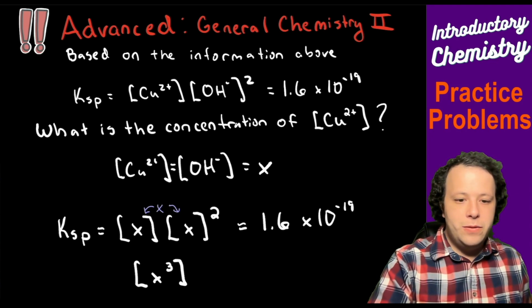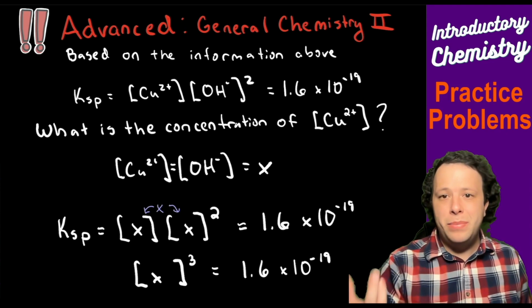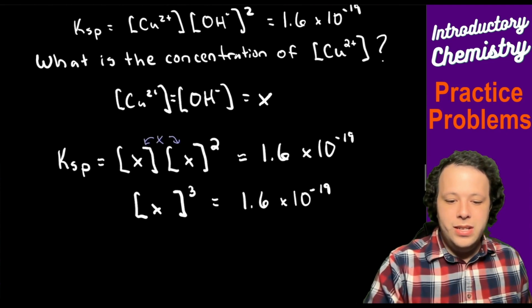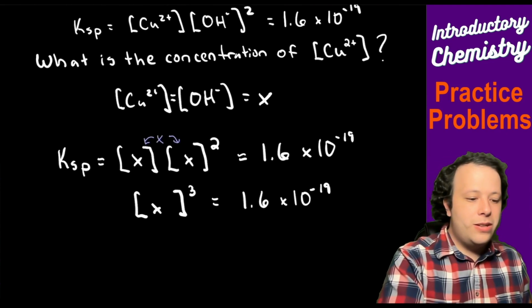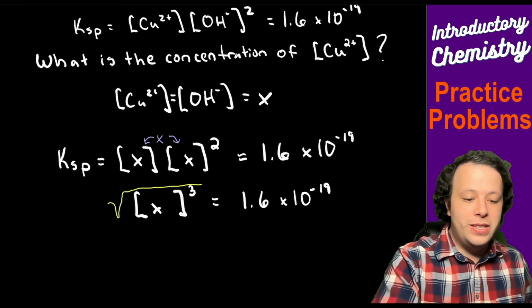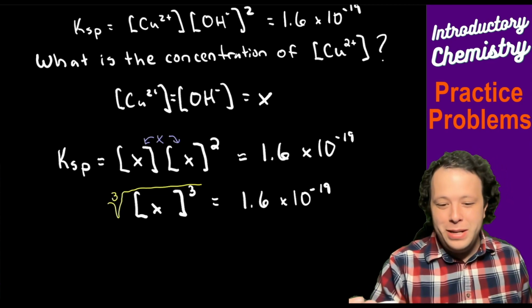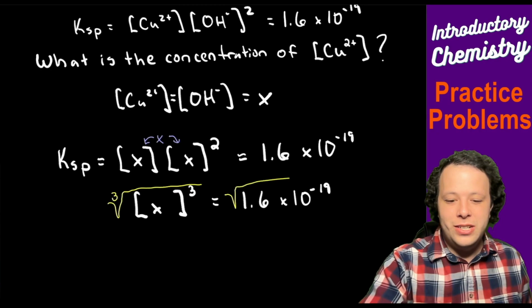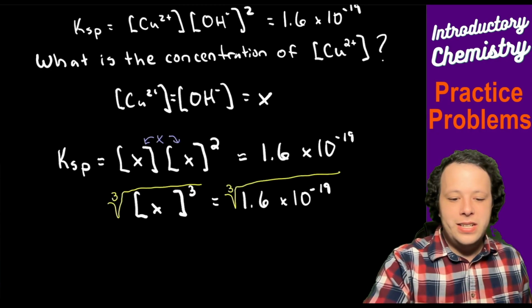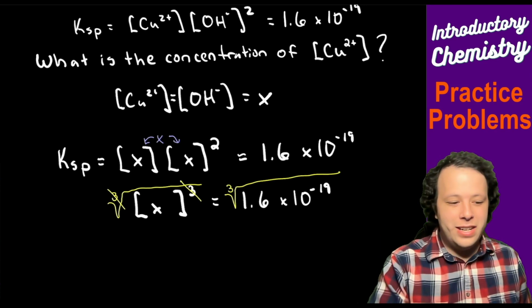Okay, so being that this is now X cubed equal to 1.6 times 10 to the negative 19, how can I get X by itself? Well, the way that we can do that is we can take a cube root of this. So instead of a square root, it's a root with a 3 power on each side. And what that's going to do is cancel out our cube on the left side.